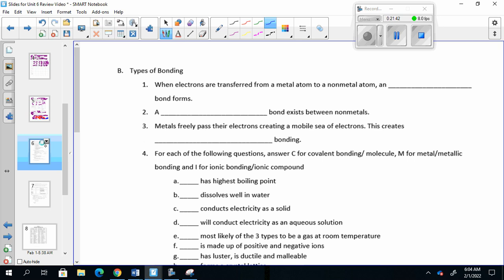Okay, our next section, types of bonding. So the next thing that we really focused on this unit was learning how atoms come together to form compounds. So we know we have all the elements on the periodic table. How do they come together to make a compound?